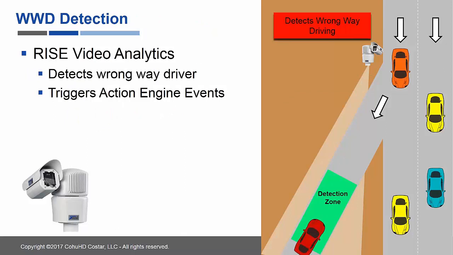And this is an example of what the traffic analytics along with Command Core could do, which is basically wrong way direction detection on a roadway.